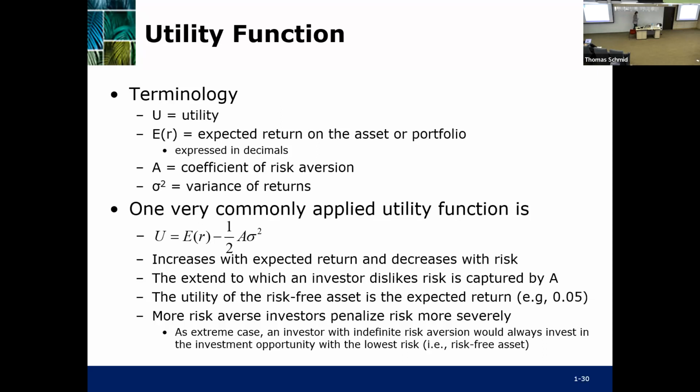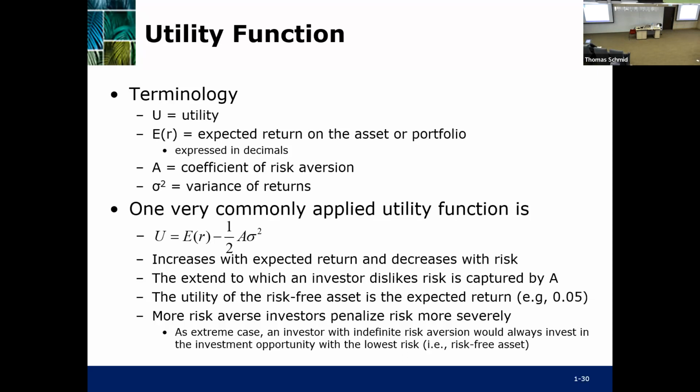The utility of the risk-free asset is always the return of the risk-free asset. Right? Because for the risk-free asset, risk is 0, so this term is gone. So the utility is only ER, and ER is the risk-free rate. Okay? So this doesn't depend on the risk aversion.